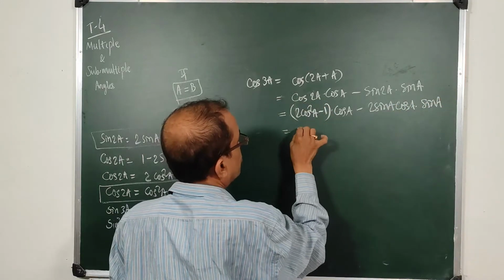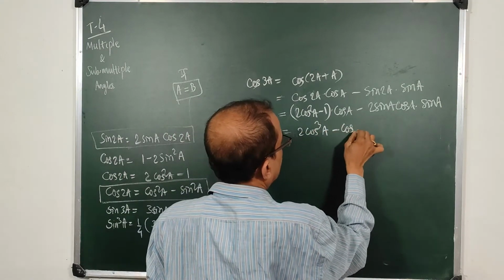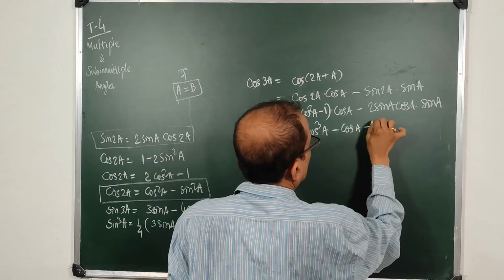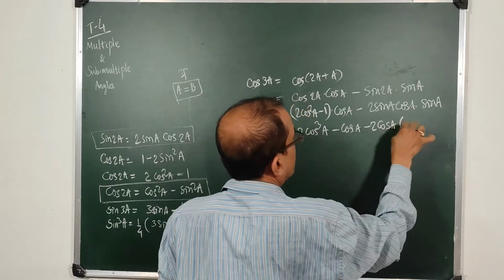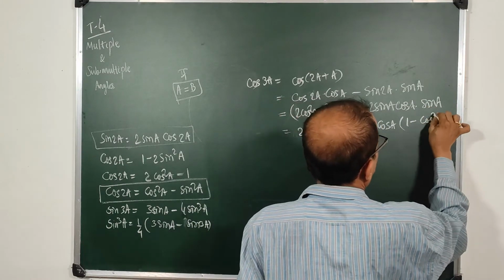So you get here 2 cos cube a minus cos a, and here you get 2 cos a into sin square a, which is 1 minus cos square a.